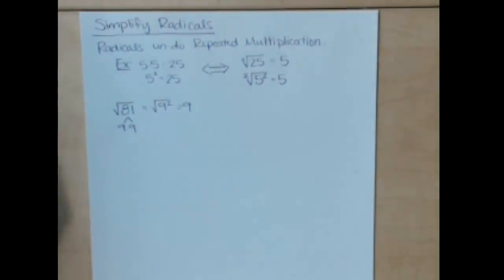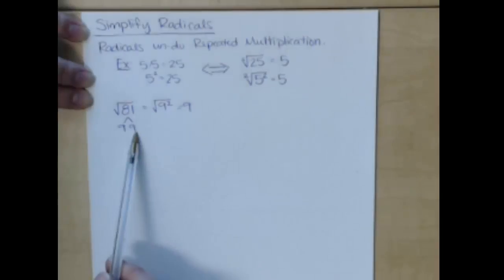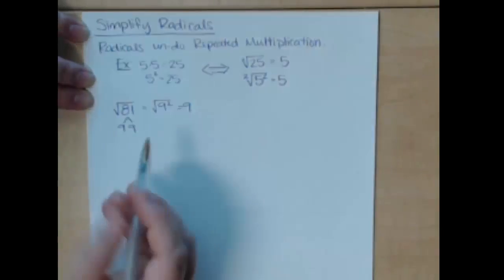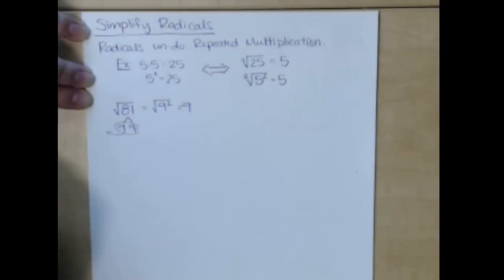So what we're going to look for is 2 copies of a number. So I'm going to show it as if you're factoring out the number like this, 9 times 9. And then since we have 2 copies of a 9, that tells me that I can bring the 9 out. And notice we don't have any other factors. 81 is exactly 9 times 9. So that's all. It just equals 9, and there's nothing under the radical.